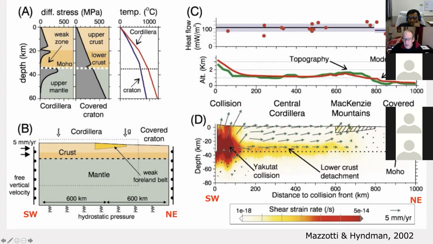Elias range. And then you get an undeformed region of upper and middle crust that slides on a mobile lower crustal layer and is uplifting in the Mackenzie Mountains. So this is one model for the cause of the Mackenzie Mountains going up today, and it depends on the Yakutat collision.